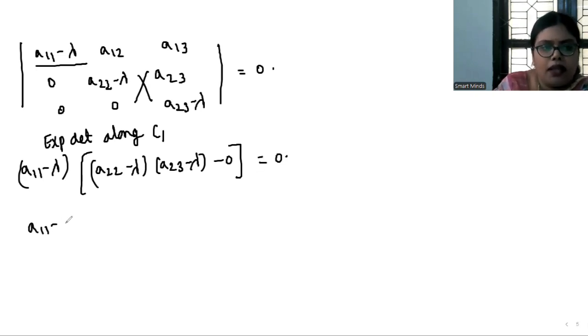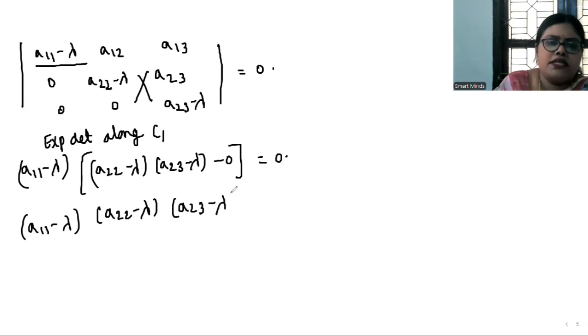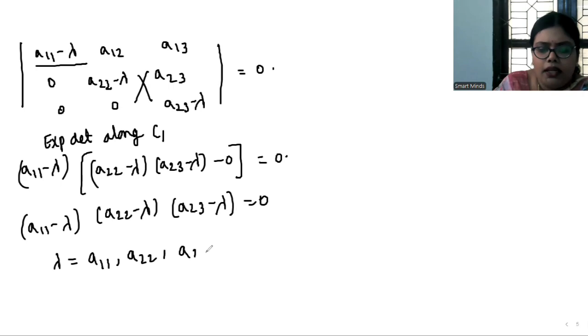So A11 minus lambda into A22 minus lambda into A33 minus lambda is 0. Each bracket, if you equate to 0, you will get lambda values as A11, A22, A33. Therefore, we got the eigenvalues.